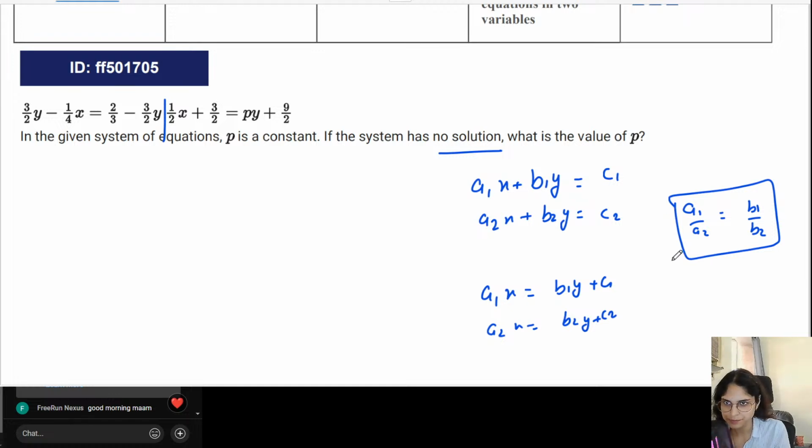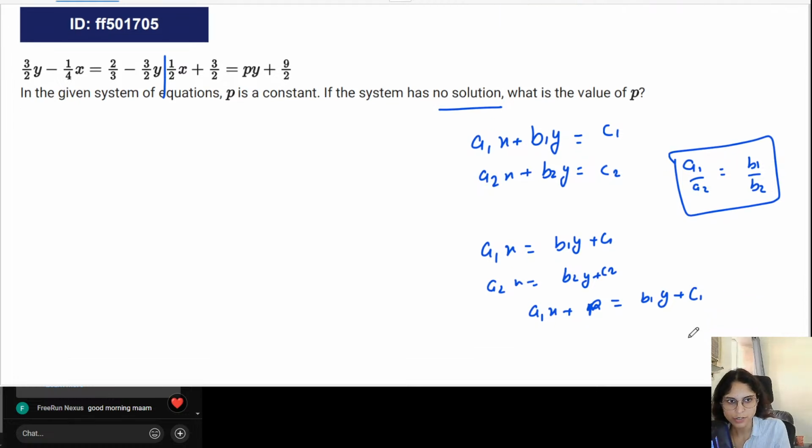Okay? Or you can have A1x plus some p is equal to B1y plus C1. Even then it is just going to be A1 over A2 is equal to B1 over B2. We are only concerned about the coefficients of x and y.